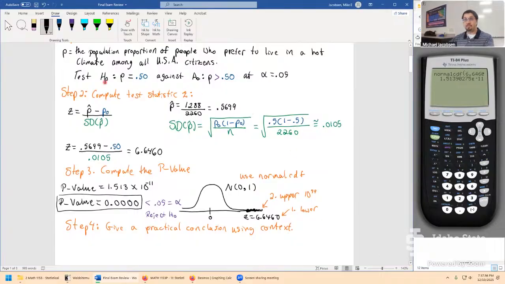So if we're rejecting the null hypothesis, that means we have significant statistical evidence in support of the alternative. In fact, we have a gargantuan amount. 6 standard deviations is a lot. If the null hypothesis were true, then this value we got on our statistic is more than 6 standard deviations away from the statement of the null hypothesis.